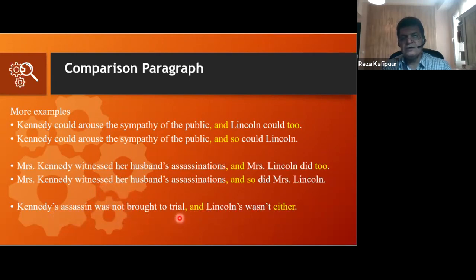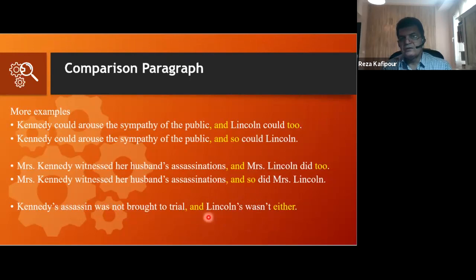And we want to say that Lincoln's assassin was not brought to trial too. We are comparing Kennedy's assassin and Lincoln's assassin based on the point that none of them was brought to trial. So how to say it with and either: again, we say the second object or second person that we are comparing, a negative auxiliary verb.